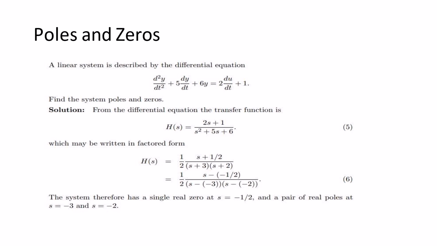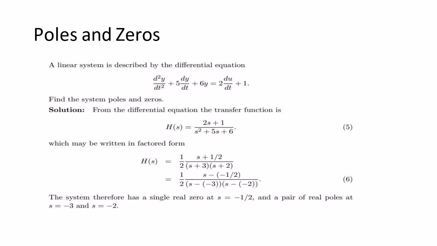By factorizing the denominator we get 2 roots of s, which give the 2 poles of the system. So in this transfer function, we have 1 zero located at minus half, and 2 real poles located at minus 3 and minus 2.